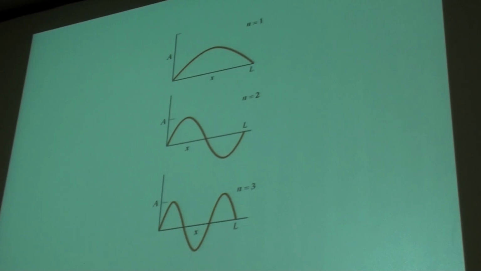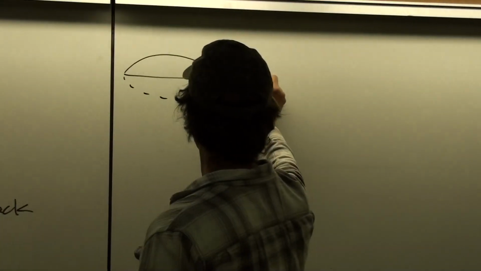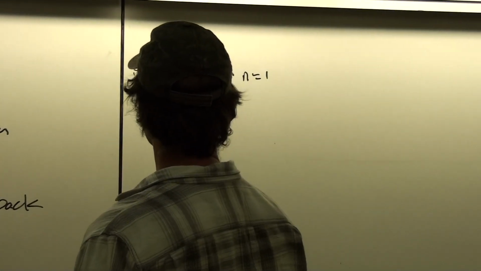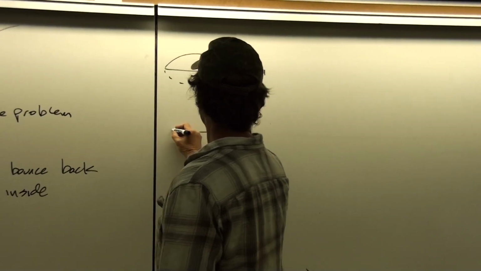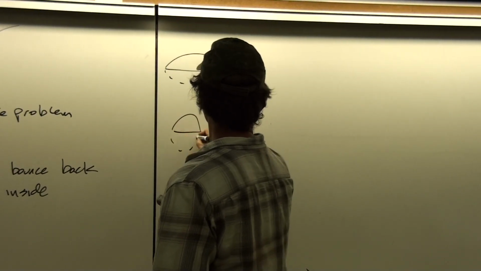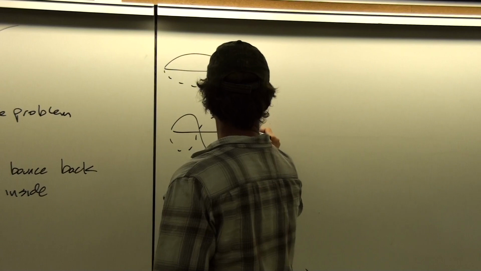In a vibrating string problem, this would be your n equals 1 mode. That'd be your fundamental harmonic. Then you'd have n equals 2. That'd be your first overtone.